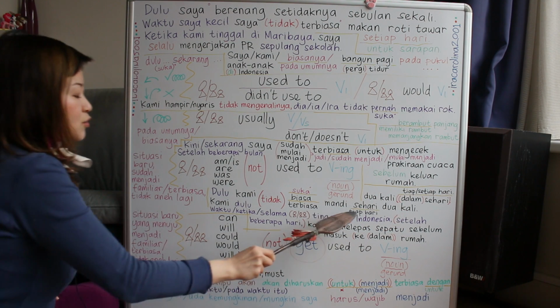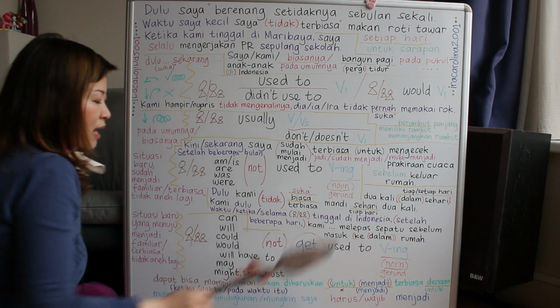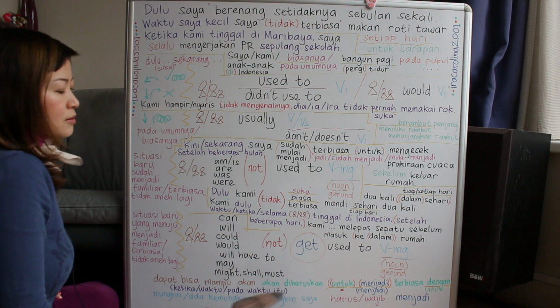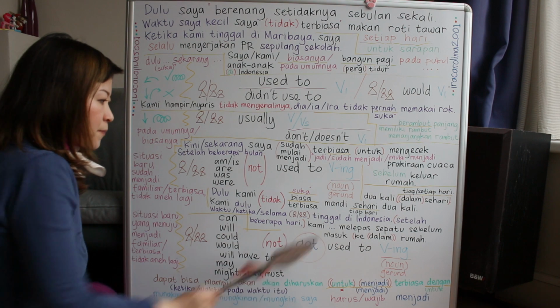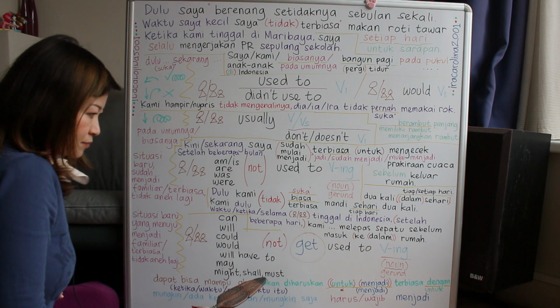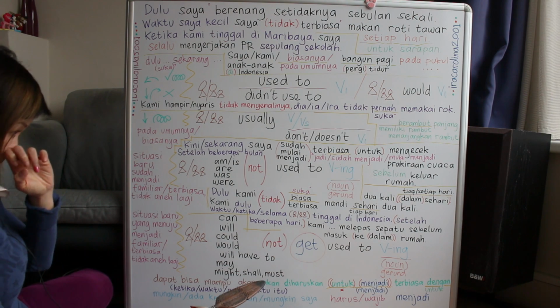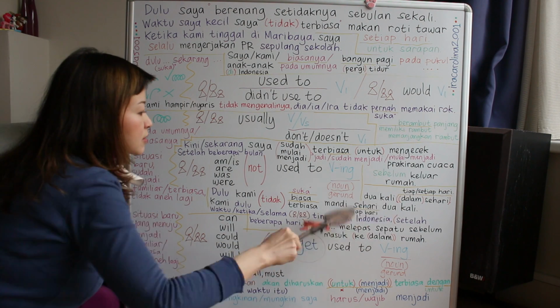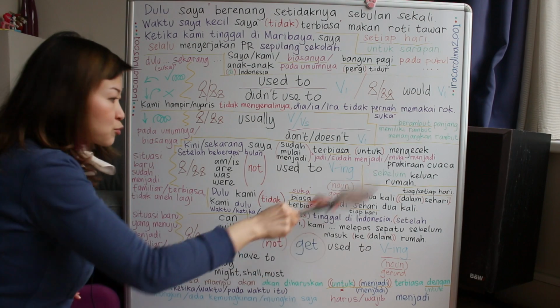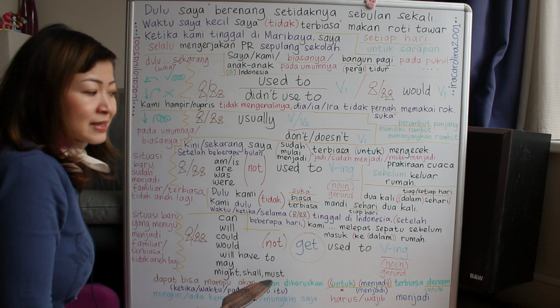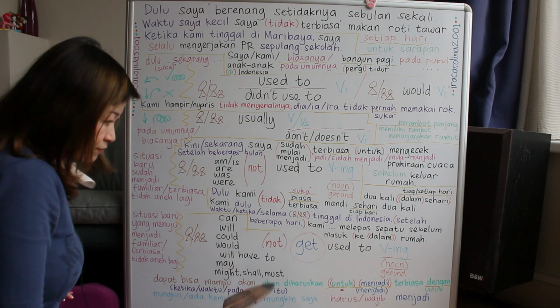Or you can change into tiap hari. Tiap is every, hari is day. Or you can change this one. I just put any kind of possibility that can be found.